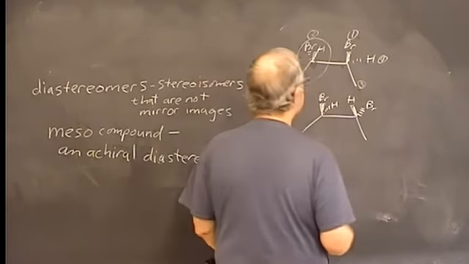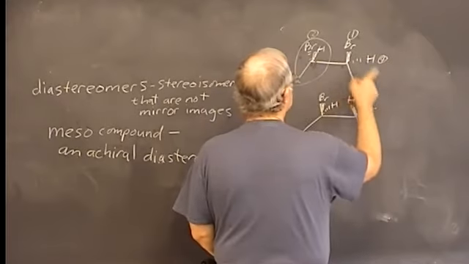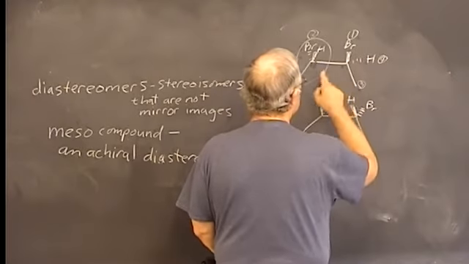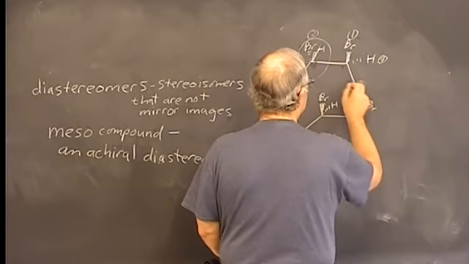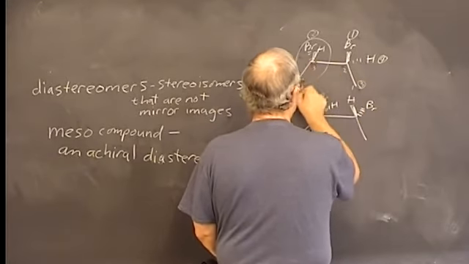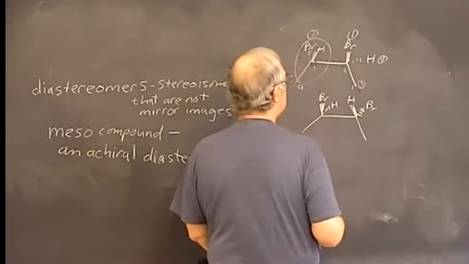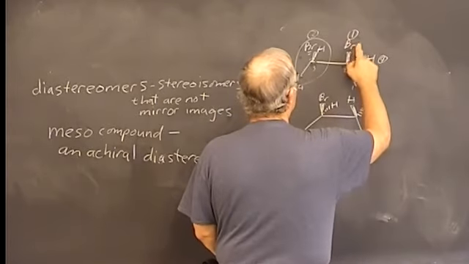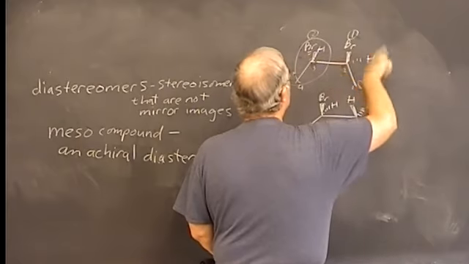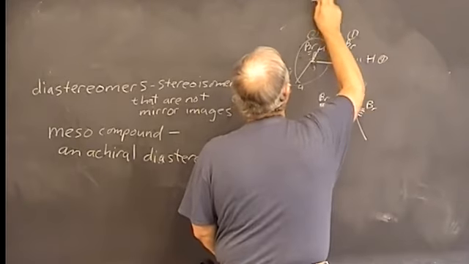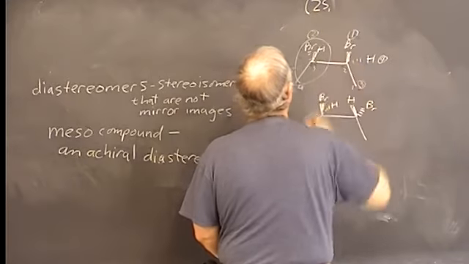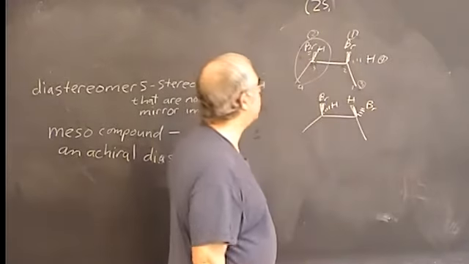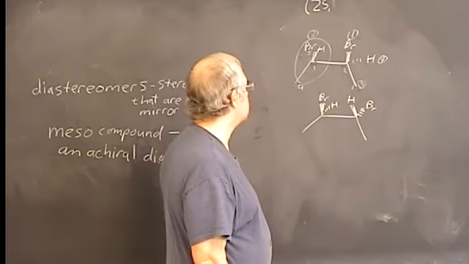I don't suppose it matters which way you start counting for this one, so I'll start from the left here. Okay, so position number 2, here we go, 1, 2, 3, that's counterclockwise or to the left. So this would be 2S. Okay, the configuration at carbon number 2 is S.